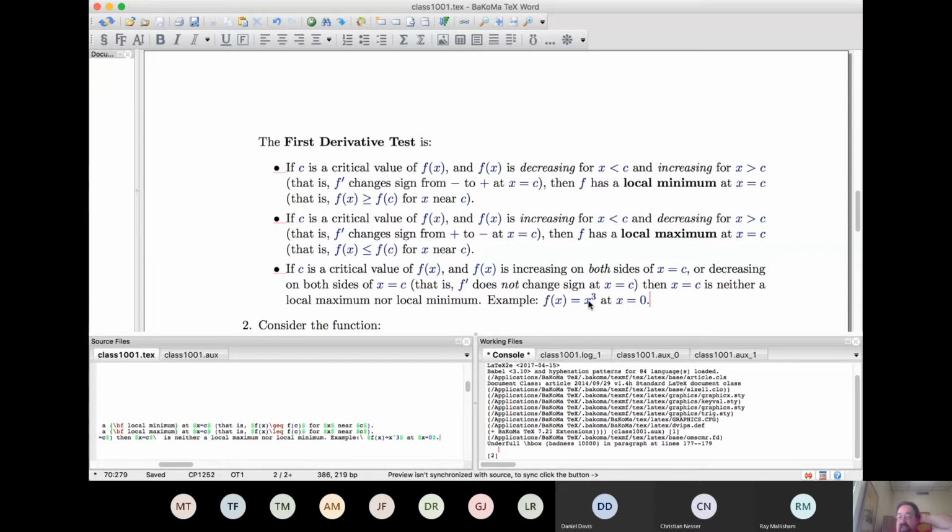But 3x squared is never negative. So it's positive, positive, then it becomes 0 at 0, and then becomes positive again. And sure enough, x cubed has a graph like I described, something like this, where it's increasing, increasing, stops increasing at that one point, then resumes increasing again. So it's not a local maximum or a minimum.